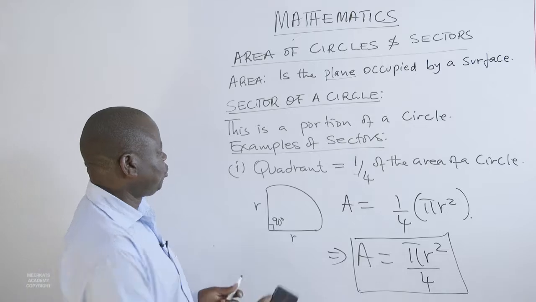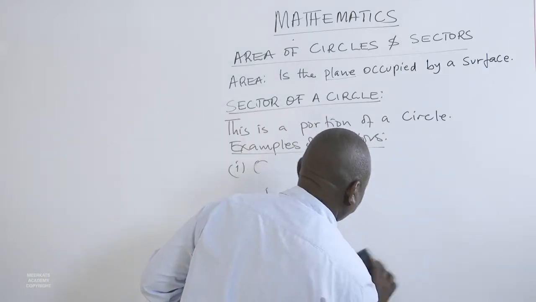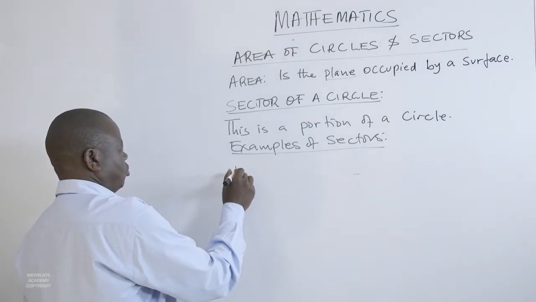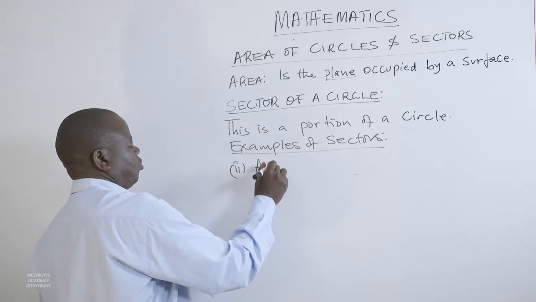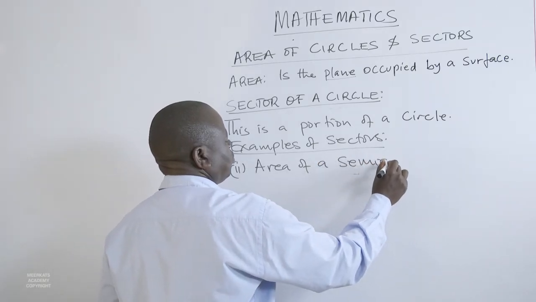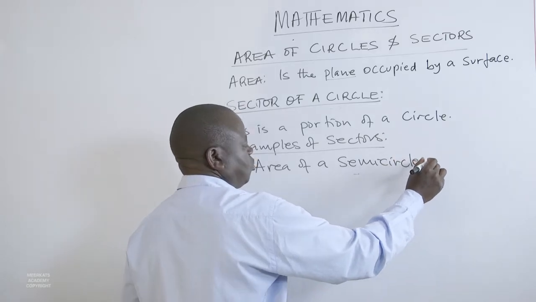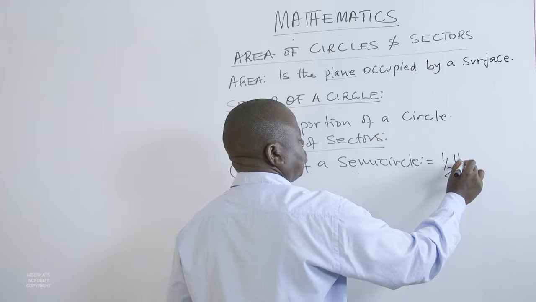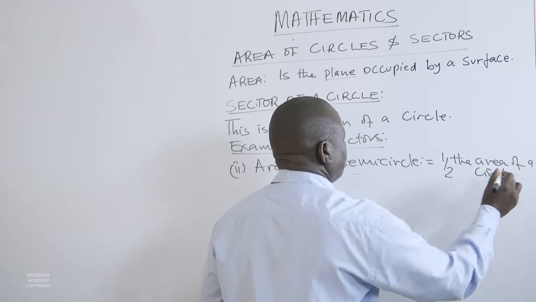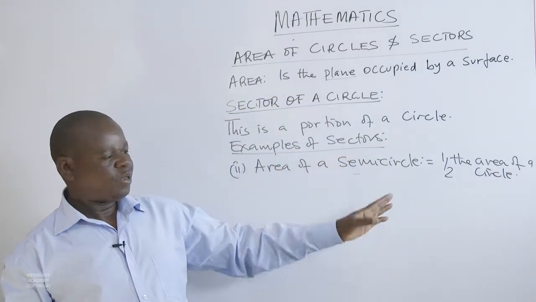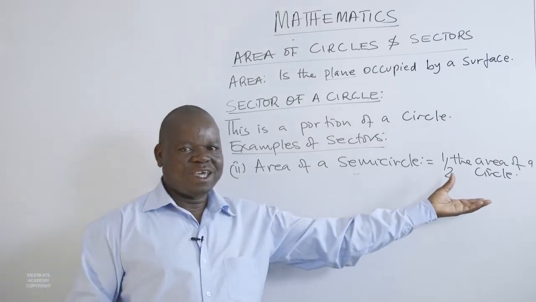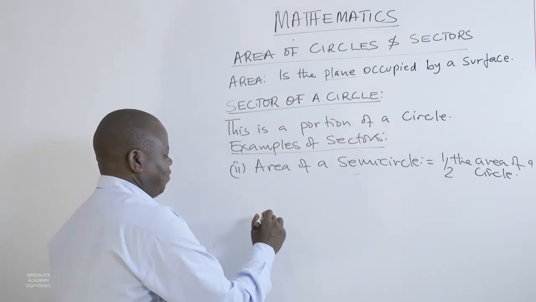Let's go to the next one. The area of a semicircle is basically half the area of a circle.